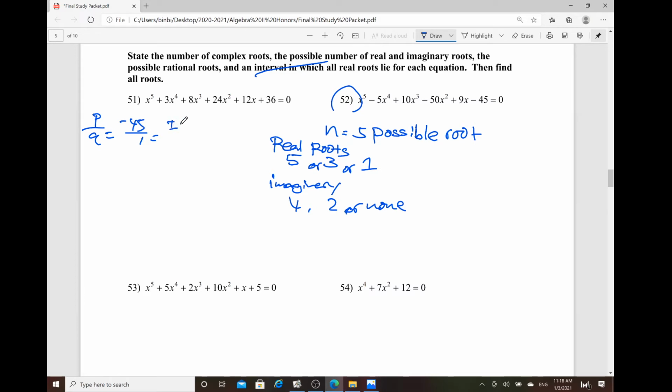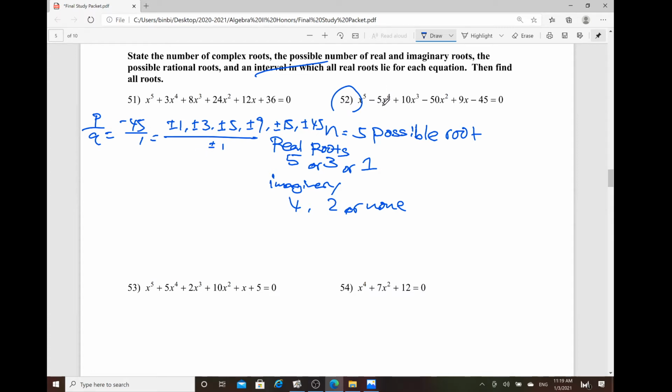So we do have plus or minus 1, plus or minus 3, plus or minus 5, plus or minus 9, plus or minus 15, and then plus or minus 45. And then the denominator is just plus or minus 1. So what we need to do next is perform the synthetic division, and then find out which one is going to work.